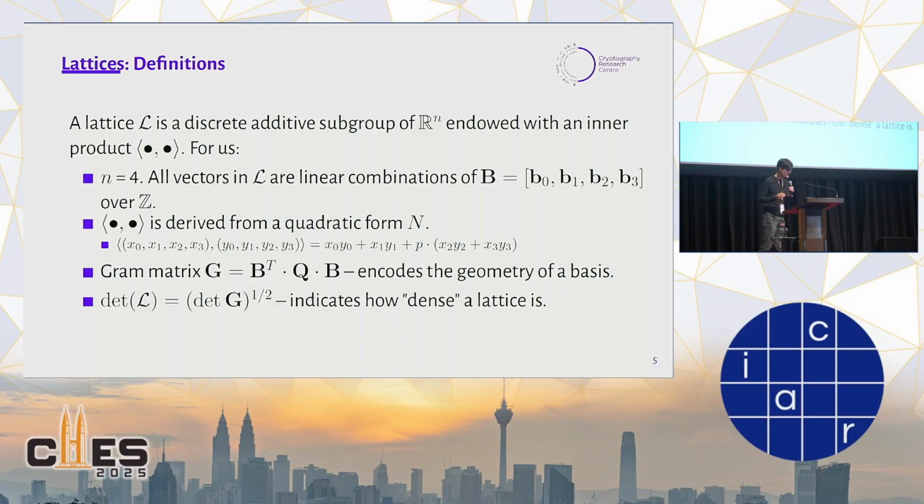The first one is the Gram matrix, which encodes the geometry of a given basis and therefore the geometry of a lattice. And the second quantity is the determinant of a lattice, which controls how sparse a lattice appears within the vector space it lives in.